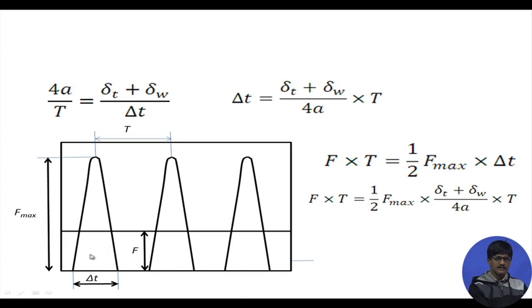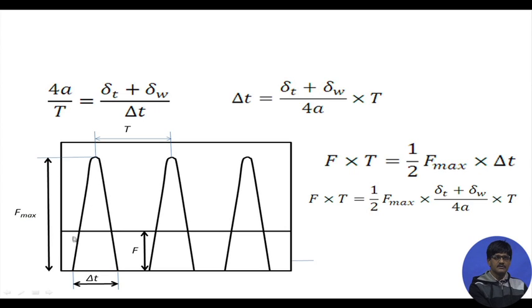These are the places where the force blows up, and we had found a relation for the maximum force. These are instantaneous force values with time, and this is the maximum force.